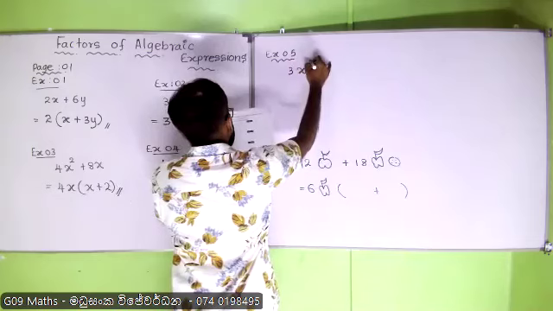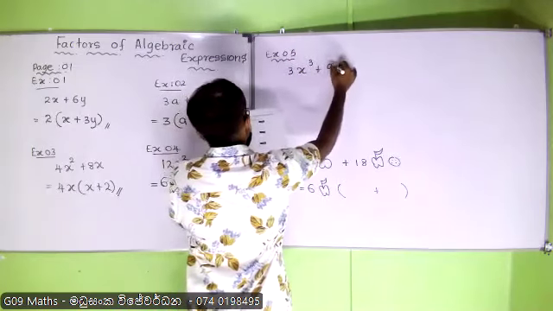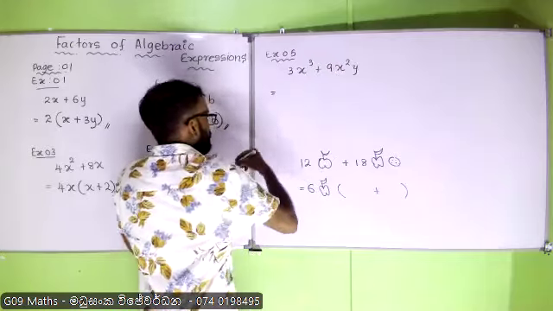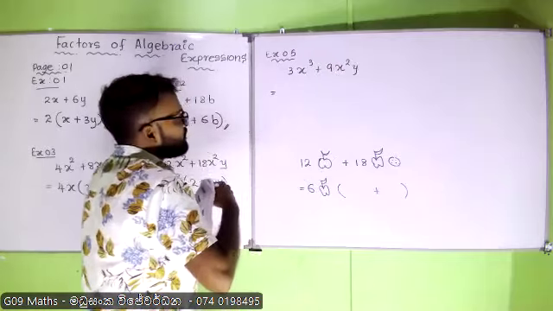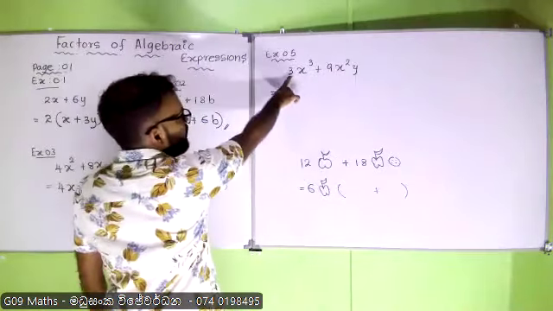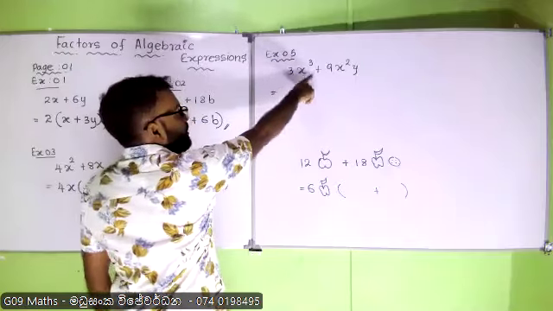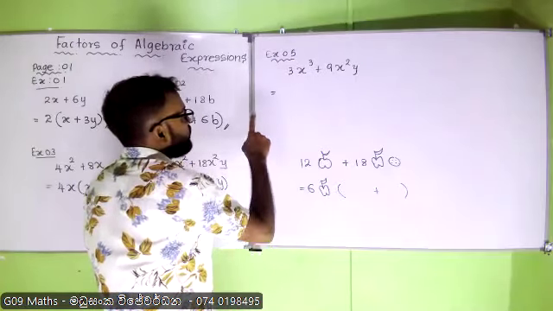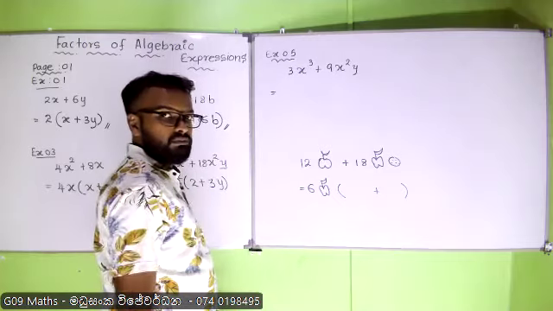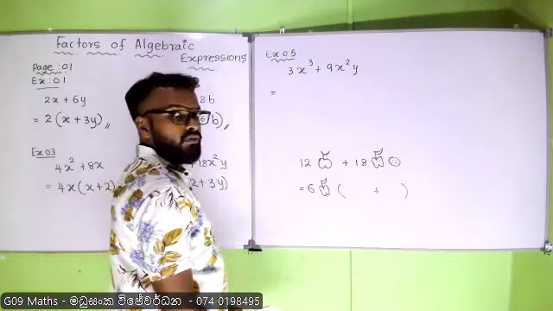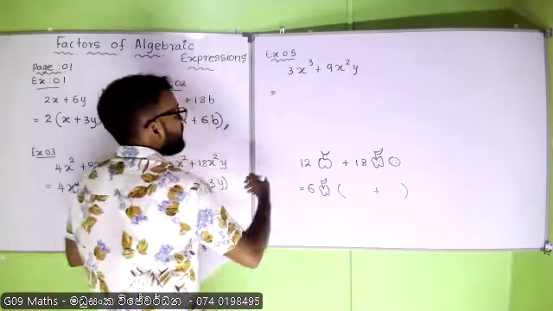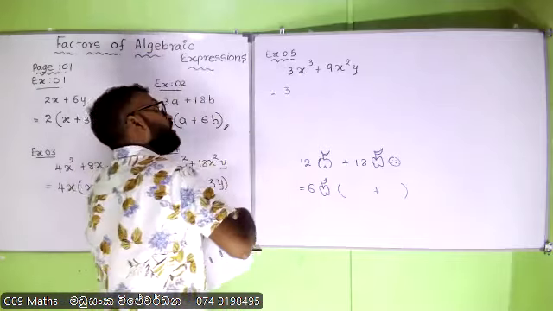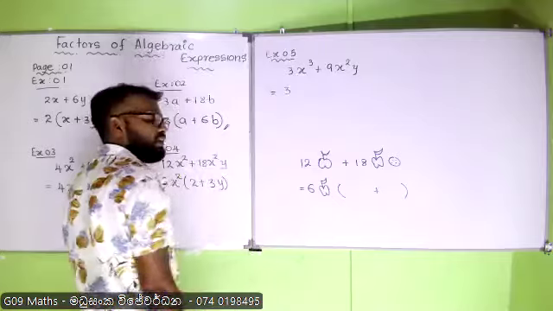3x to the power 3 plus 9x to the power 2 y. Alright. So, by looking at this expression, right, you can decide here you have 3, here you have 9. So highest common factor for both is 3. Alright, highest common factor for both 3 and 9 is 3. So I will take 3 out. Then here I have x to the power 3.